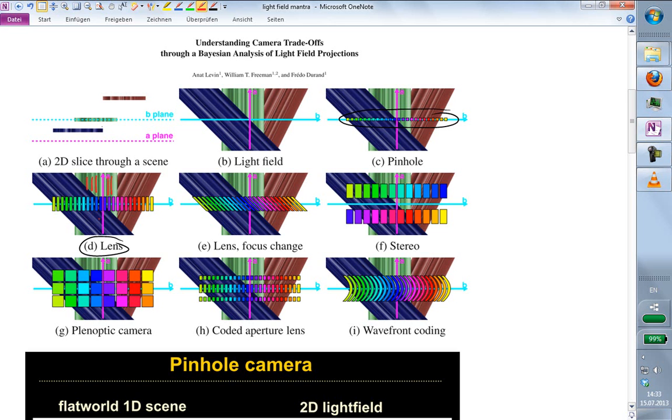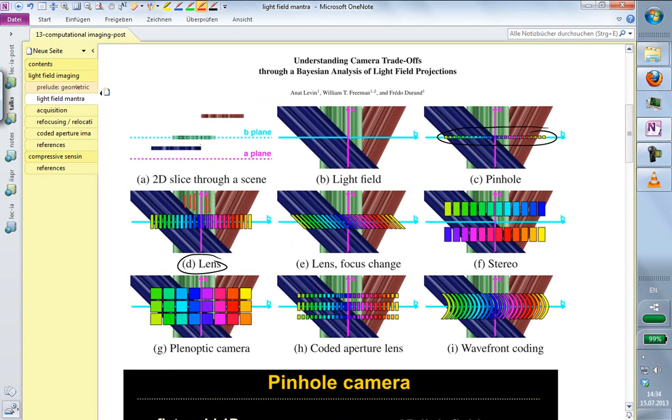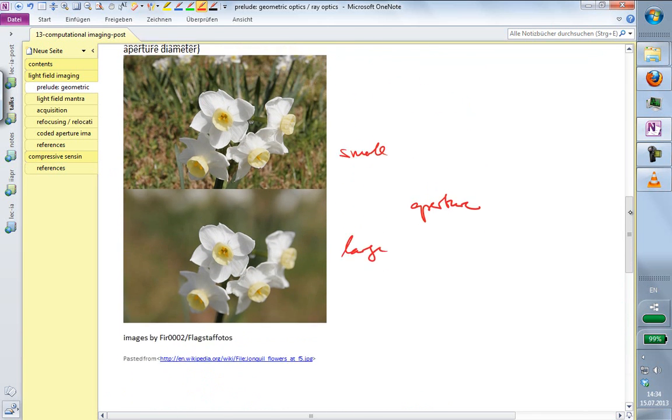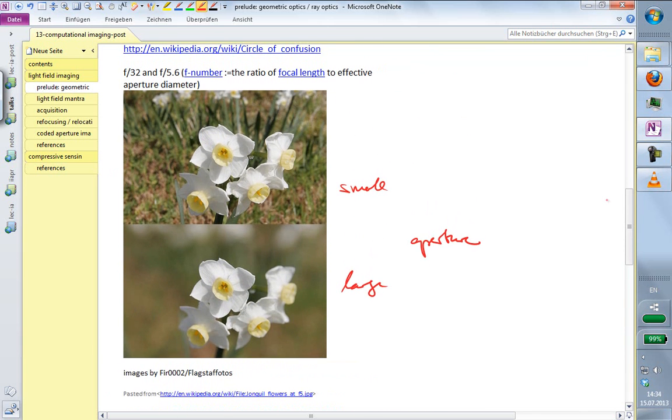So the green object will be seen as sharp, as being in focus. But the blue and the red object will both appear out of focus, one because it's too close, and the other because it's too far. And that is, of course, exactly the effect that we saw here. In this case, the background was too far. There was, in this particular image, nothing that was too close to the camera.